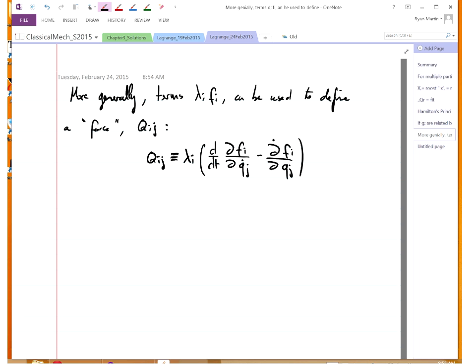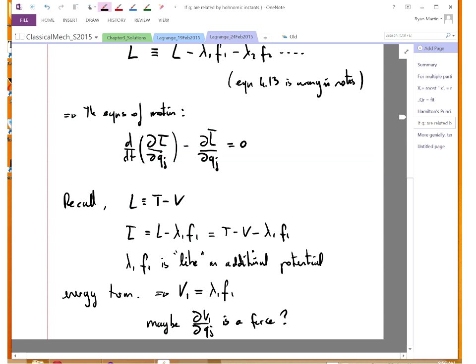So it appears that, at least mathematically, these Lagrange multiplier terms that you add can be used to get some sort of force. Now, whether that has anything to do with any real force, that's something that we'll look into. At least mathematically, these look like adding more potential energies.